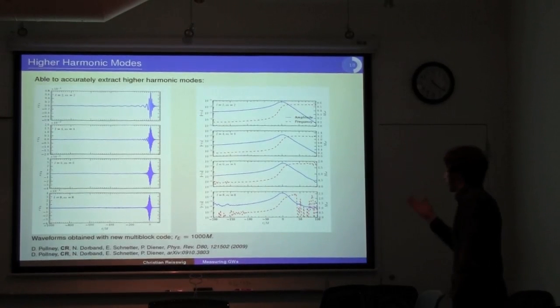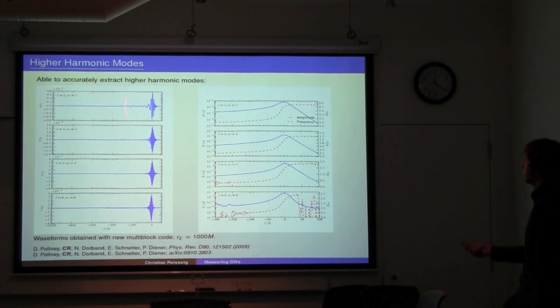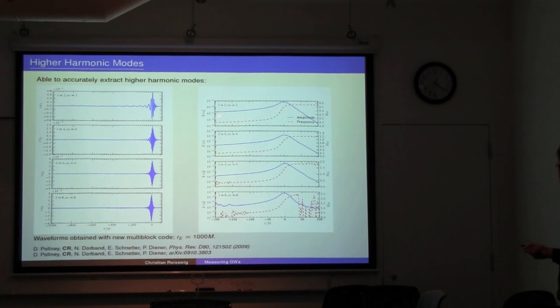All right, so these are actually the waveforms. Here we have psi4, this is L2, M2 up to L8, M8, and here we have plotted the amplitude of each mode respectively, and also the instantaneous frequency.